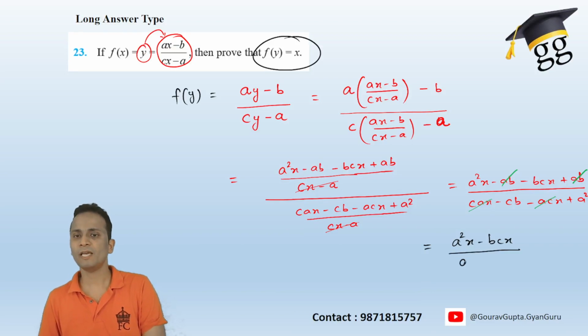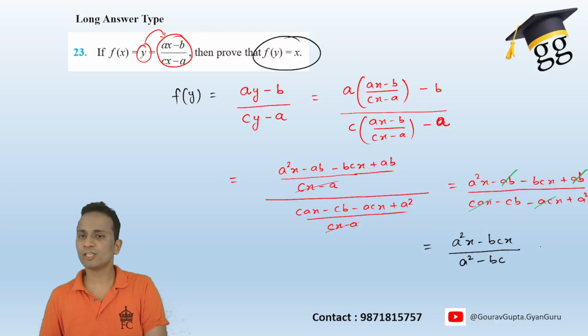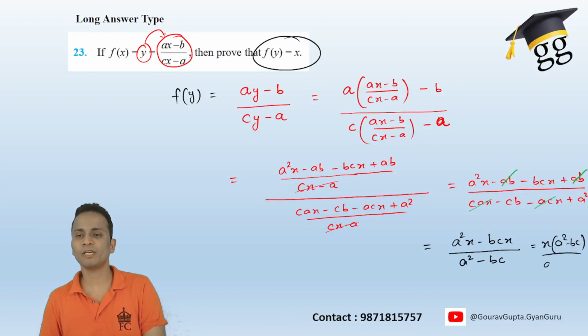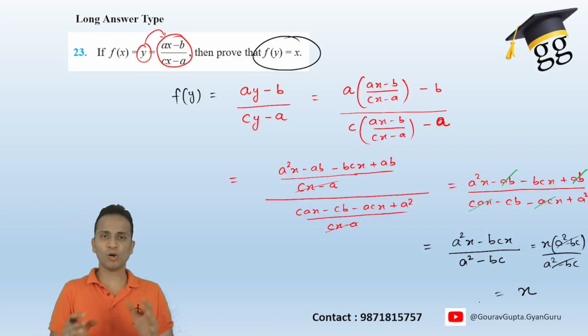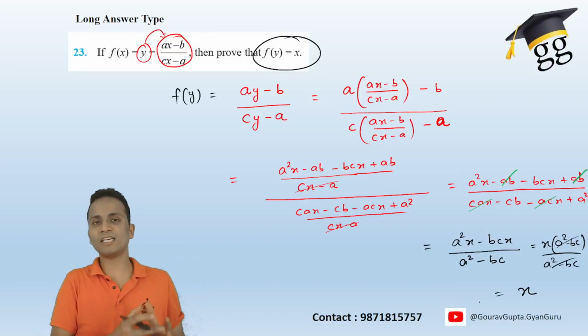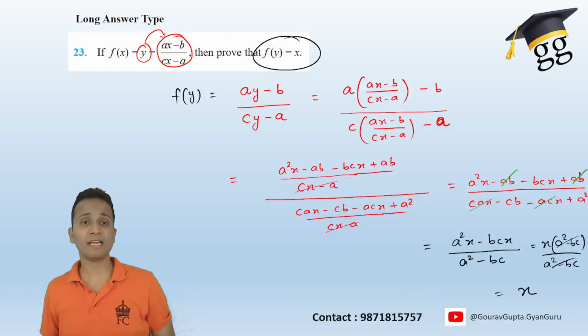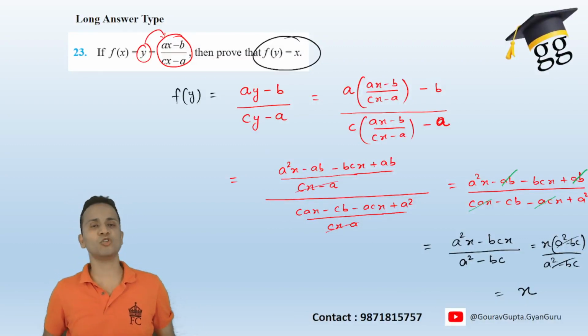Denominator is a square minus bc. Taking x common in the numerator, a square minus bc, and the denominator is also a square minus bc, which will get cancelled, and I will get x. So I have proved that f of y, I started with f of y and I ended at x. So yes, f of y is equal to x.